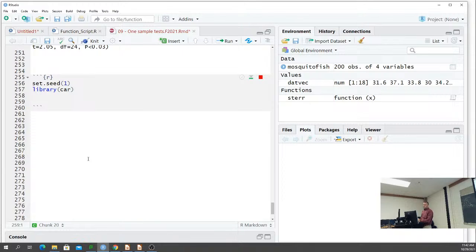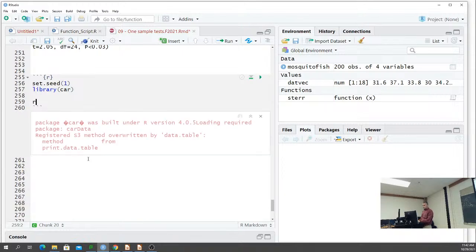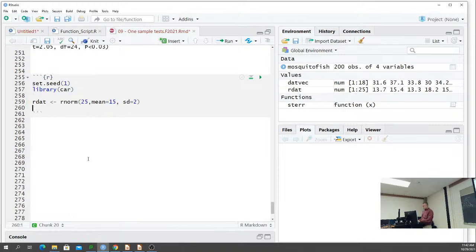So I'm just going to do r dat, R norm of 25, mean of 15, and SD of 2. If I calculate the mean of this r dat, I'm going to get a slightly different value every time.